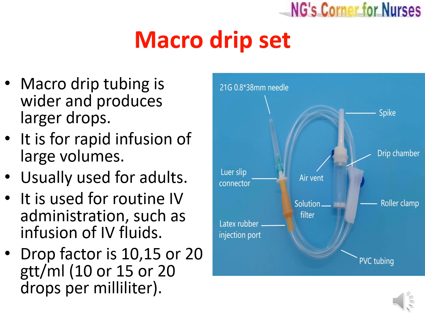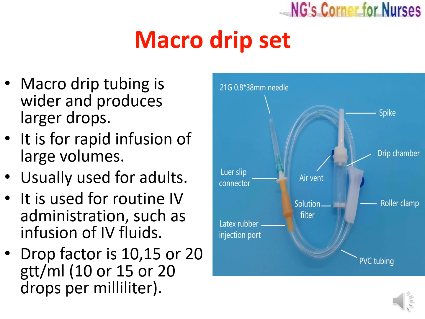Let's see what is macro drip set. Macro drip tubing is wider and produces larger drops. That's why it is known as macro drip. It is for rapid infusion of large volumes, usually used for adults. And it is used for routine intravenous administration such as infusion of intravenous fluids.